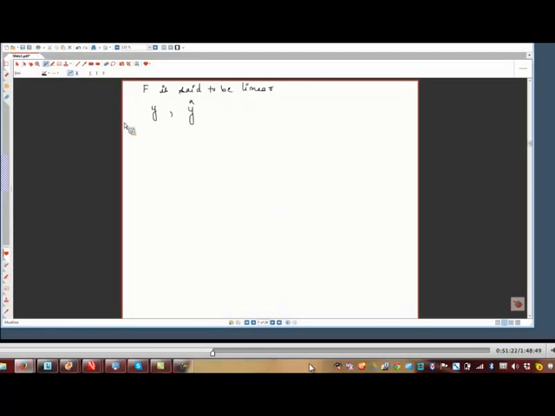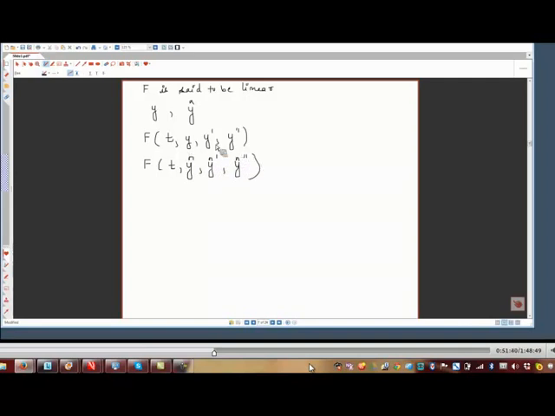So if you have two functions y and y hat, then f of t, y, y prime, y double prime, and f of t, y hat, y hat prime, y hat double prime.